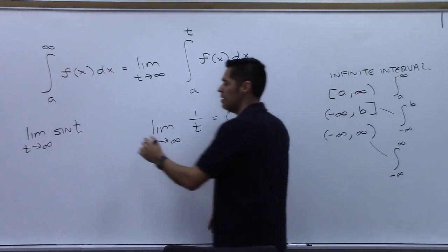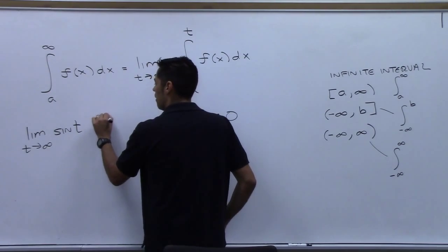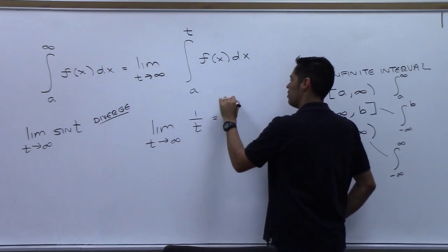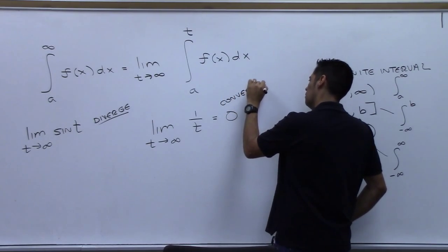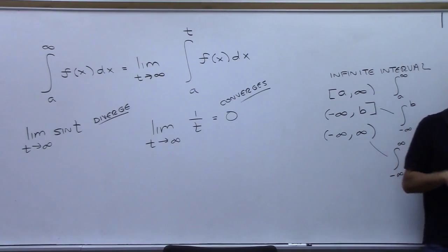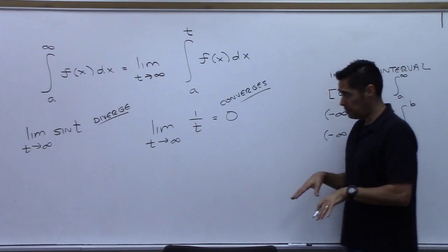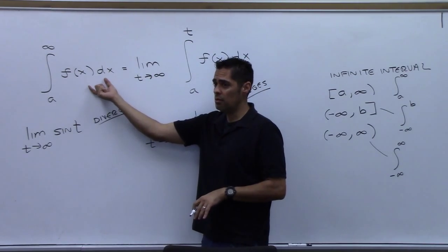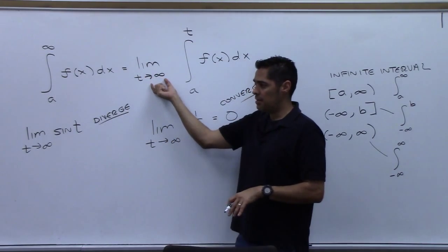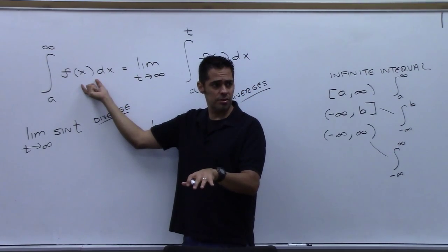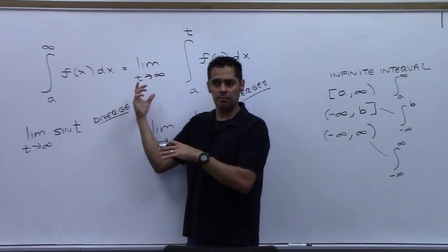So this limit right here would diverge. This one converges. And that's what we had for limits in Cal 1. They were either convergent or divergent. And what I'm saying now is since we're defining this integral to be a limit, this integral will either converge or diverge because it's a limit, right? All right.